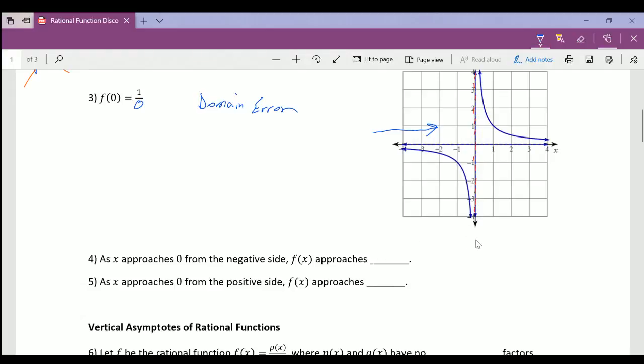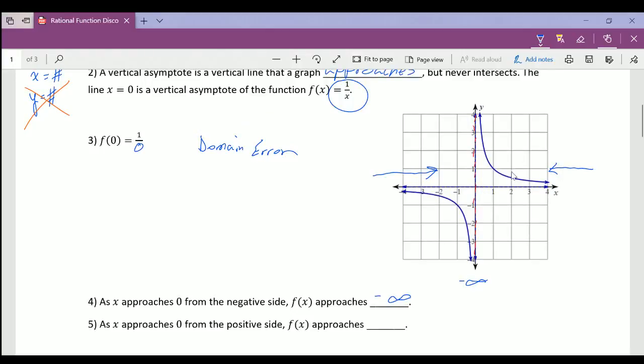So down here, that's negative infinity. As x approaches 0 from the positive side, that's from the right going left, you look at this L, and it's going up, up, up.